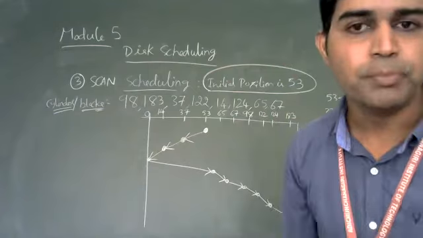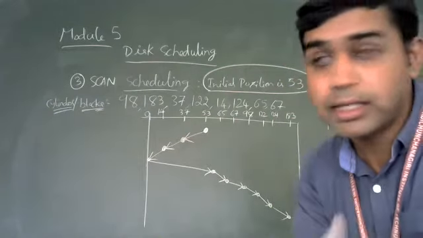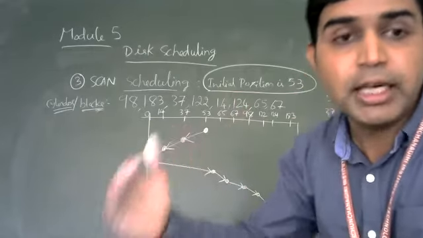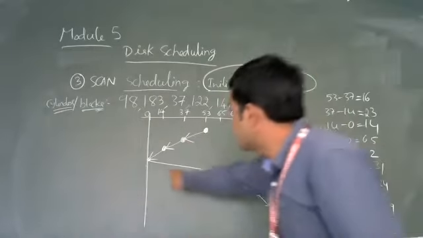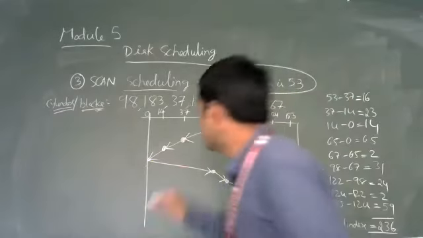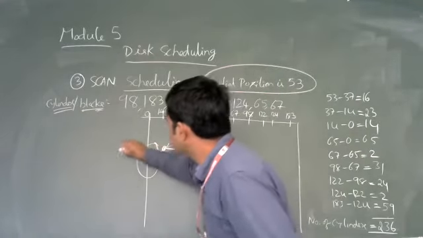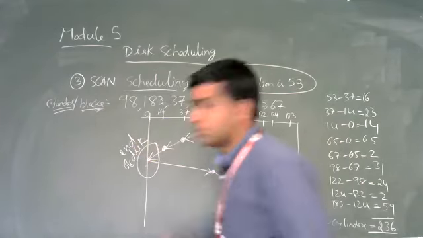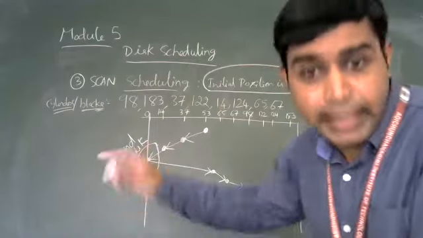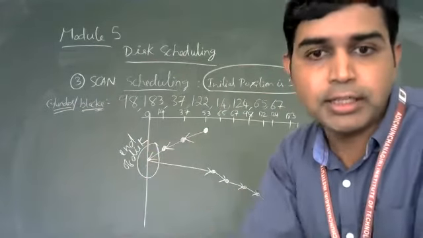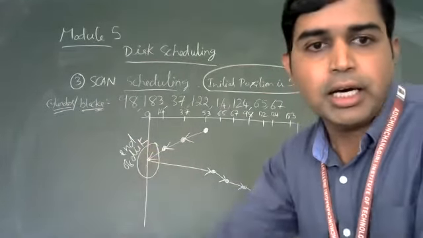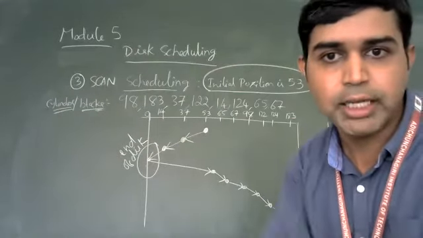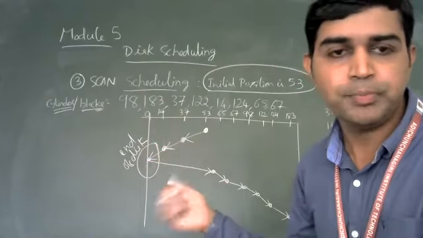Ultimately you have to remember that in the scan scheduling algorithm, it has to reach the end of the disk. I have written here, end of the disk. It has to reach the end of the disk, either to the left or the right side. Then only will it move to the other side of the disk. That is what the scan scheduling algorithm is all about.